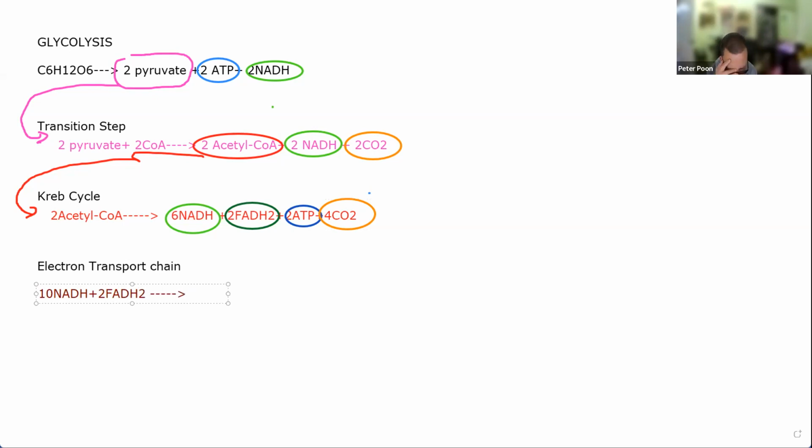Supposed to make 34 ATPs. Okay. 3 per NADH, 2 per FADH2.